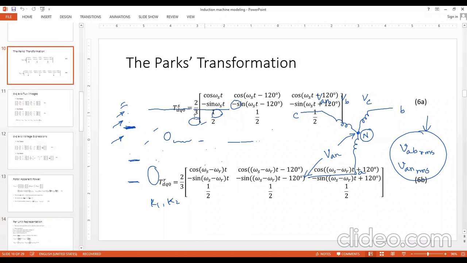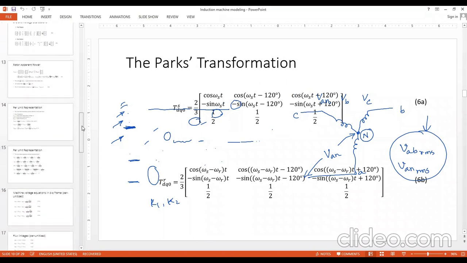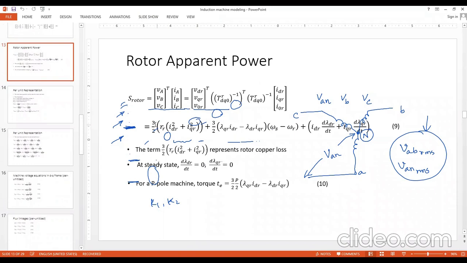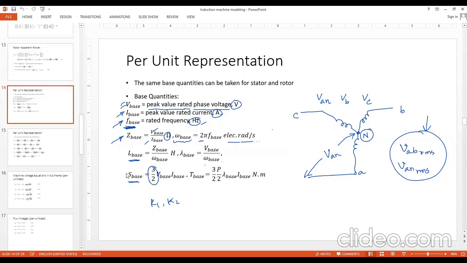So because of this choice of K1 and K2, this set of choice, we got an additional 3/2 present in our torque expression or the S rotor expression. So that's why while we are calculating the base power, apparent power, we are intentionally introducing or choosing this additional 3/2 term over here along with V and I. So it would be 3/2 V base I base.